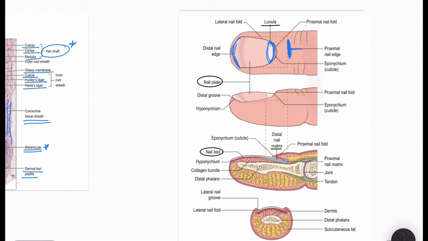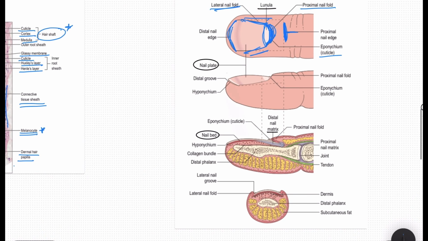Then there is proximal nail fold here and lateral nail folds laterally. Okay. Then eponychium, it is cuticle. The cuticle means यहाँ पे जो एकदम छोटा सा smaller cuticle होता है, which is distal to lunula. Okay, that is the eponychium.